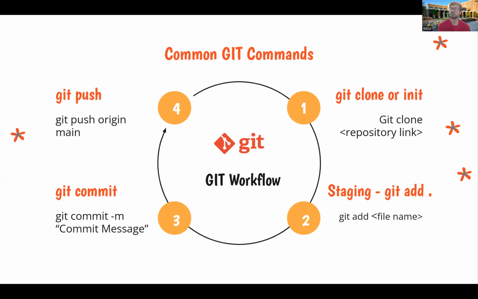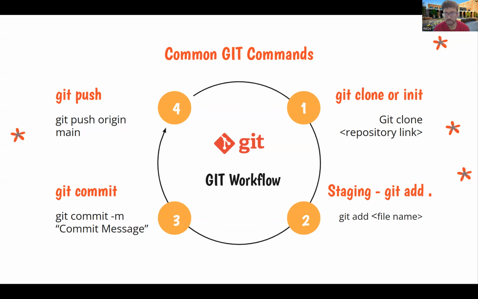Let's say you have a GitHub link or repository hosted online. Just type git clone space repository link. It'll download that Git repository to your local machine, and then you'll be able to use that repository locally. Now, that's the first step.